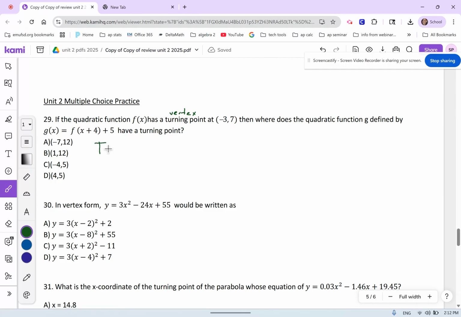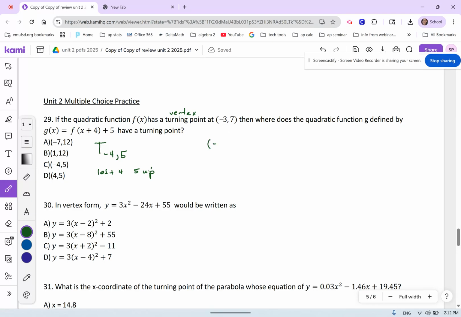So this is just saying you're translating. There's no reflection, there's no negative. And again, if it's +4, that means you're moving 4 to the left and 5 up.